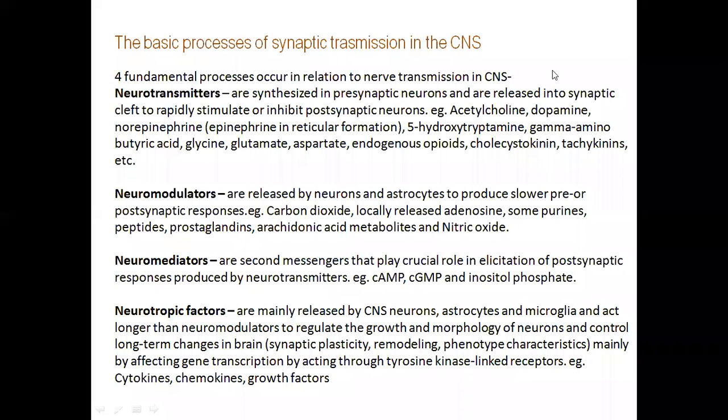There are some basic processes of synaptic transmission in the CNS. Also, there are 4 fundamental processes. The first is neurotransmitters. These neurotransmitters are synthesized in presynaptic neurons and released into the synaptic cleft to rapidly stimulate or inhibit postsynaptic neurons.